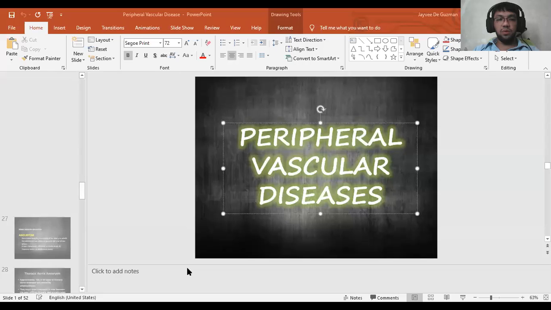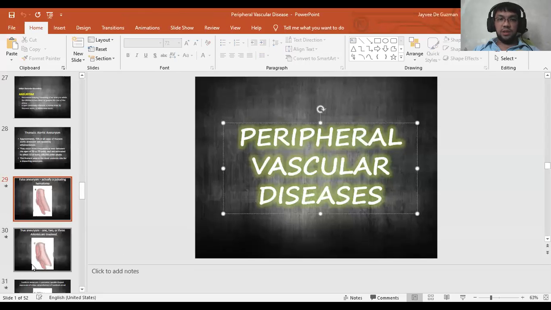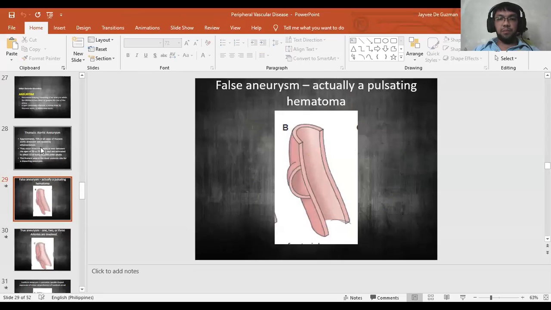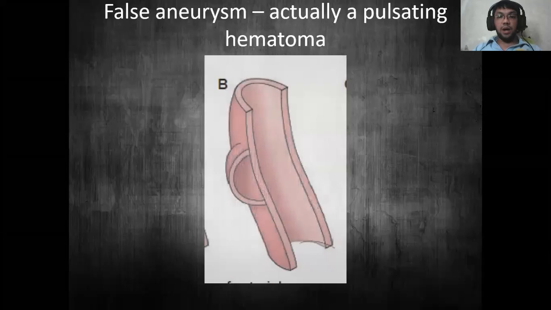Now we go to the types of aneurysm. We have a false aneurysm here. This is actually a pulsating hematoma. As you can see here, it did not totally outpouch or bulge.